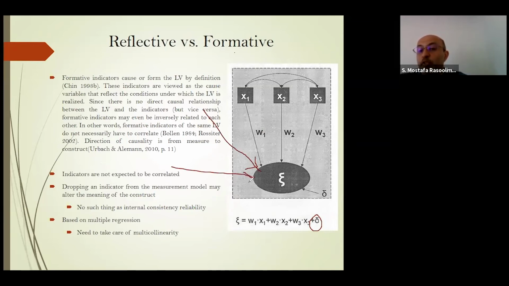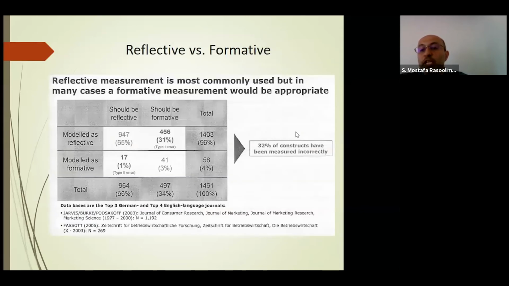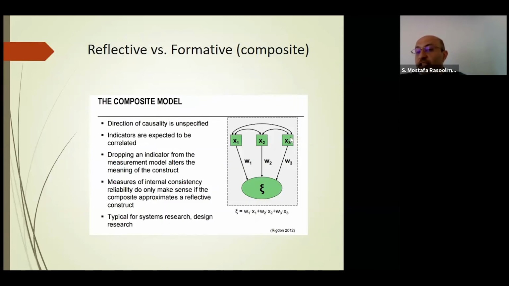If we have, for example, 2 missing items that we didn't include or didn't find, these 2 items are represented by this error term. But in composites, we actually design this construct and we don't have this missing.